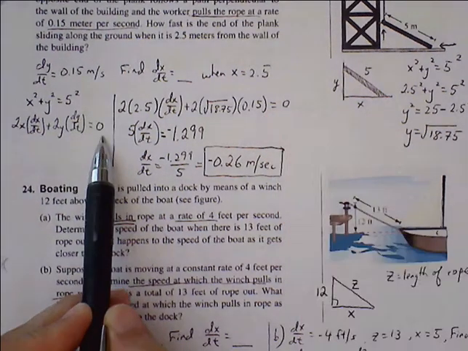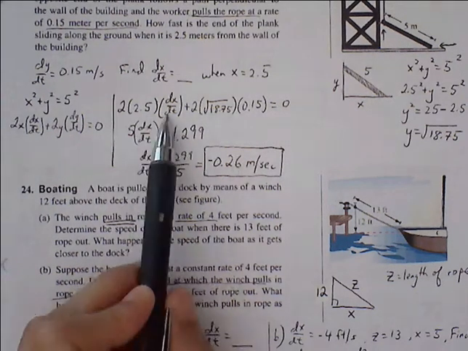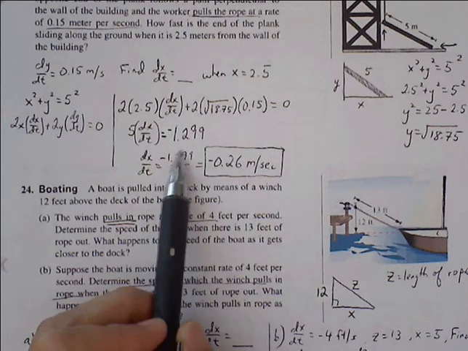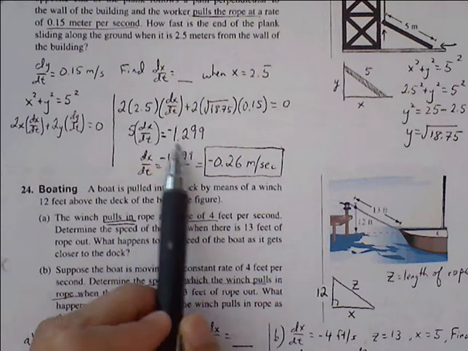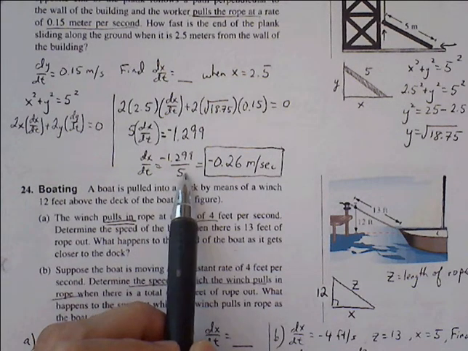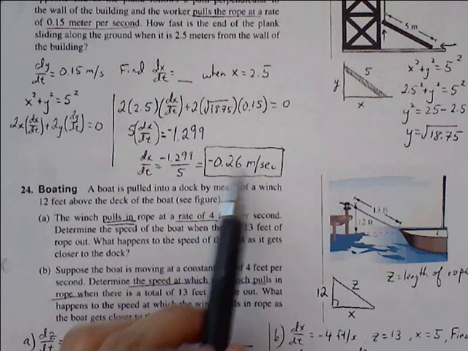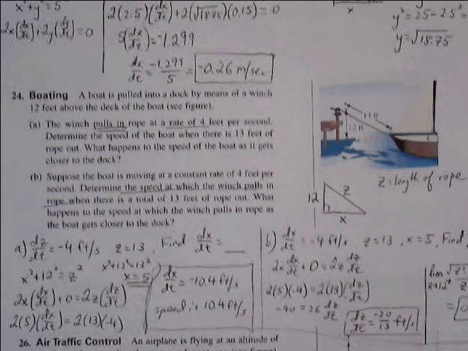And the 0 will stay 0 on the other side. So we're going to clean this up so we can solve for dx/dt. Combine those like terms, move over to the other side, we get negative 1.299. 2 times 2.5 is 5, so divide both sides by 5. So dx/dt is negative 1.299 divided by 5, or negative 0.26 meters per second.